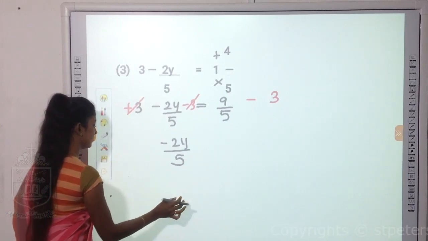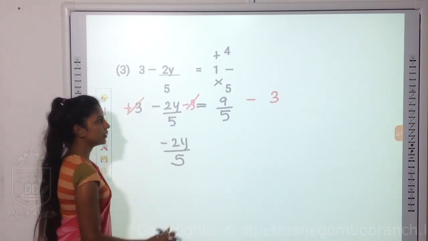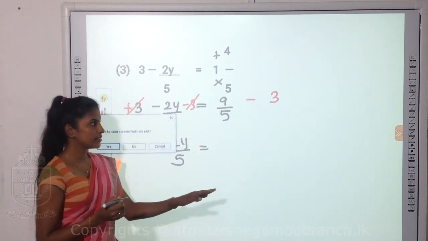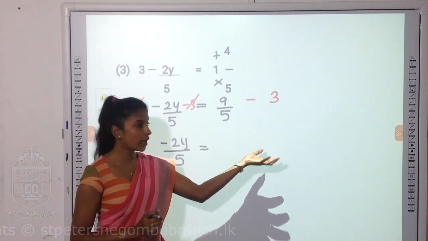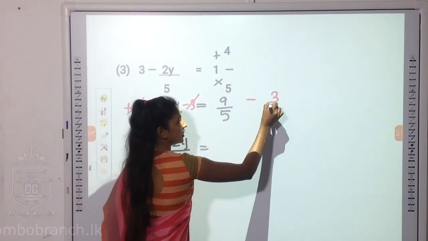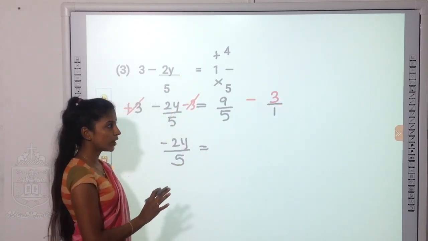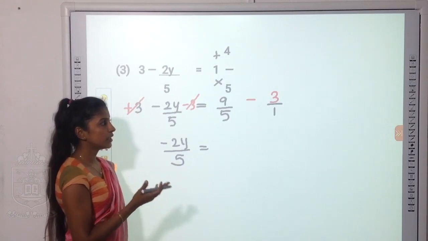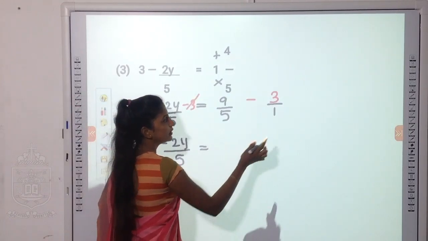Minus 2y over 5, and here you can see that is subtraction of a whole number from a fraction. So if you have a fraction like this, you know that you have to make the denominator common. Here you can see the denominator is 1. In order to make equivalent fractions, you have to multiply and make the denominator common.